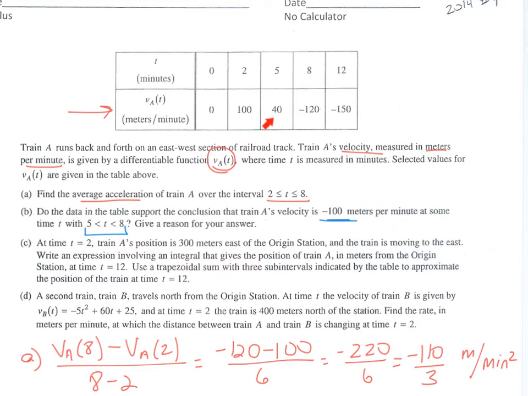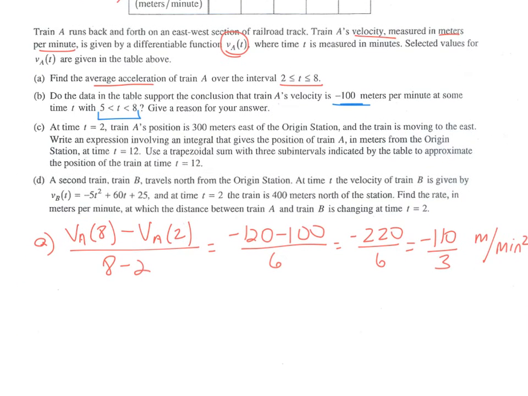So we've got v of 5 is 40 and v of 8 is negative 120. And we're told that our function is differentiable, which means that our function also must be continuous, which then means that our function must take on the value negative 100 someplace in between 5 and 8. So let's write all of that down.